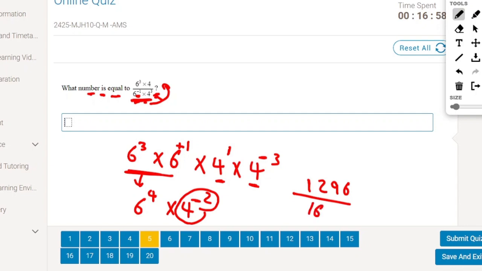So 1296 divided by 16 is equal to 81. So the answer here will be 81.